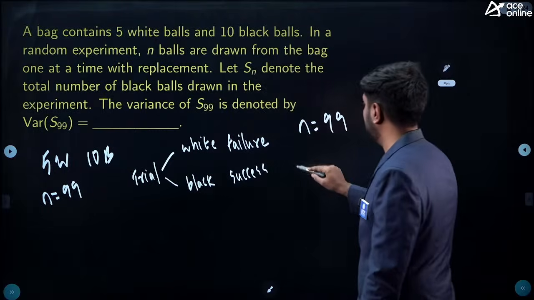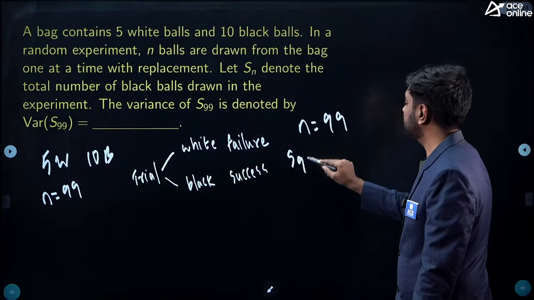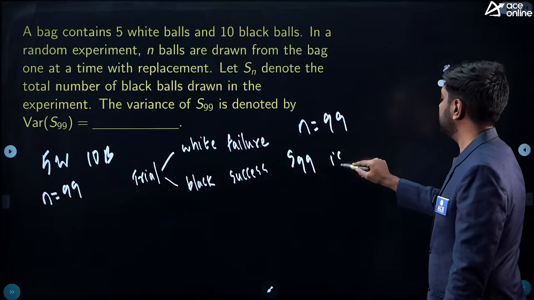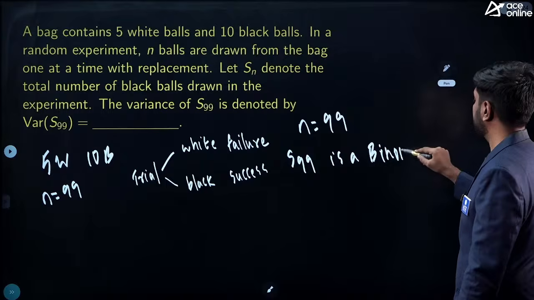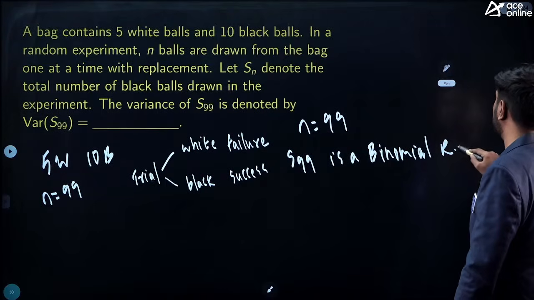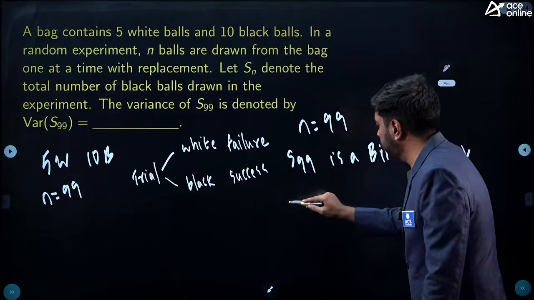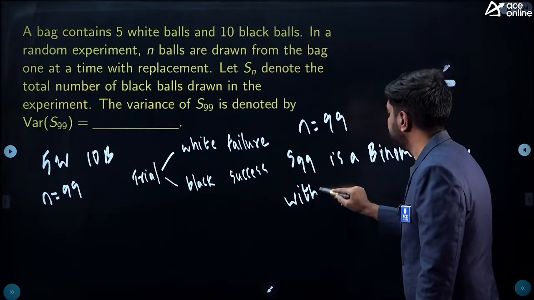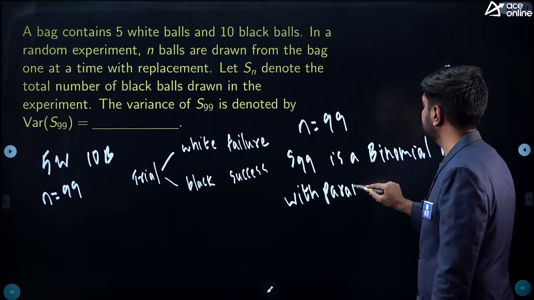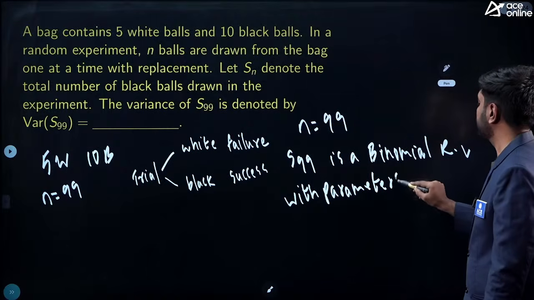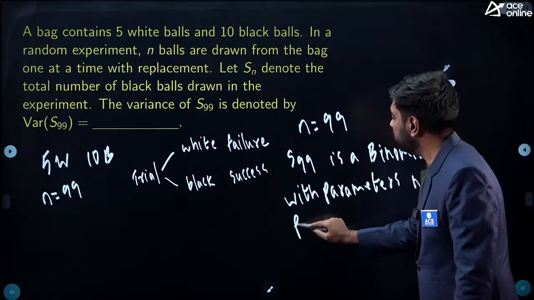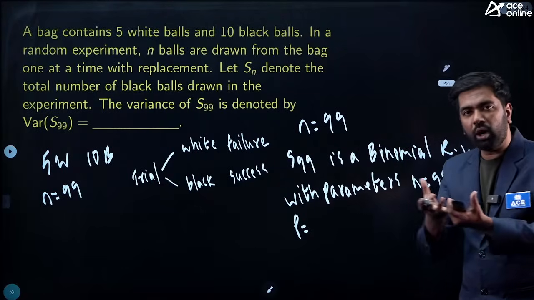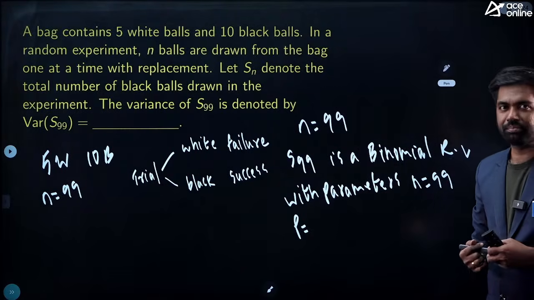So I think I have to write like this: S99 is a binomial random variable with parameters n as 99 and p, the probability of success, that is the probability of drawing a black object every time.